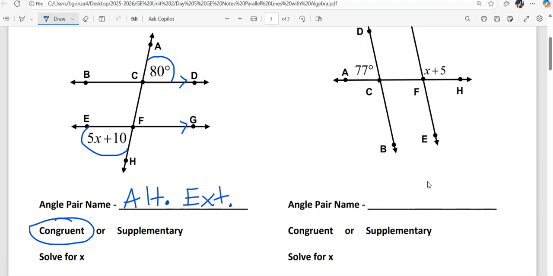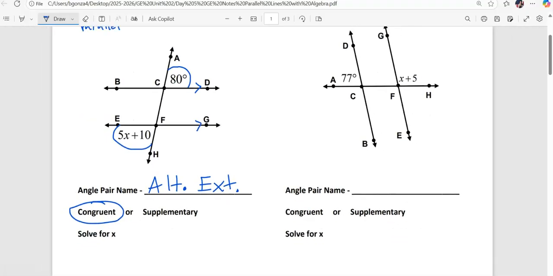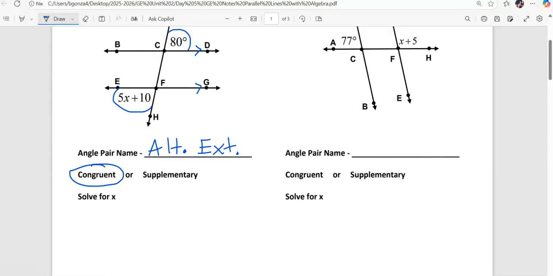If they match, they're congruent. So what do I do with congruent things? If you know they're the same, you literally just put an equal sign in between them. 5x plus 10 equals 80. If you know they're congruent, that's how you set it up.